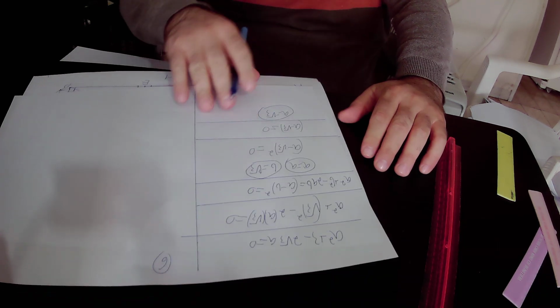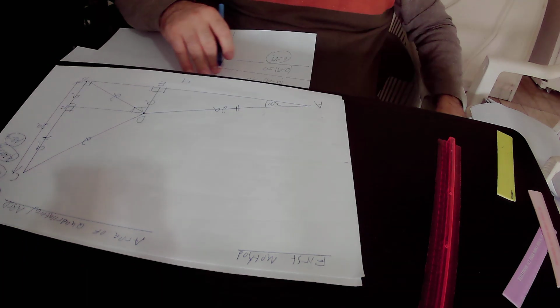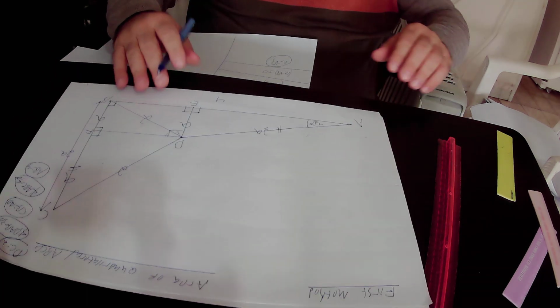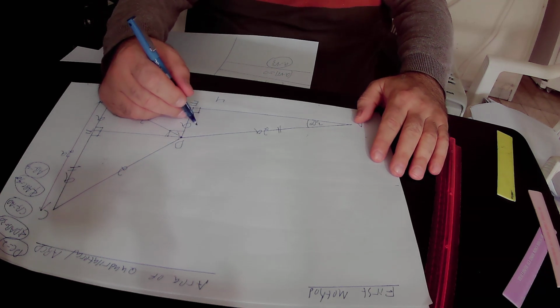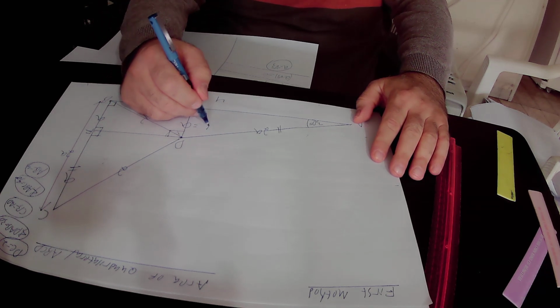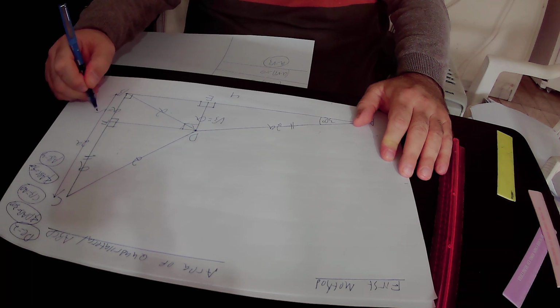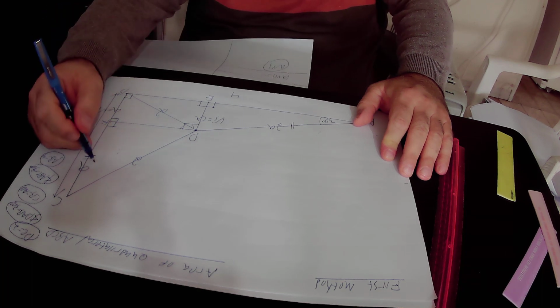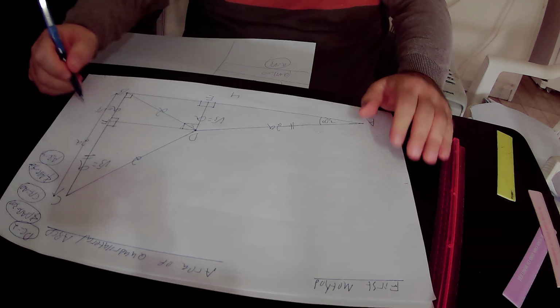We found out that a equals square root of 3 units, so we can write here that a equals square root of 3 units, and also here a equals square root of 3 units.